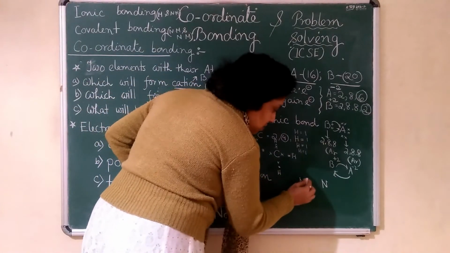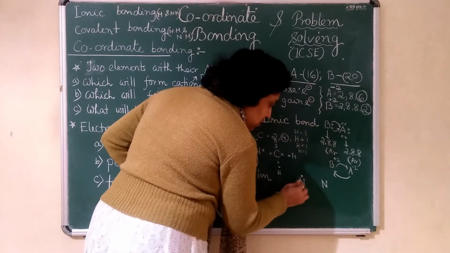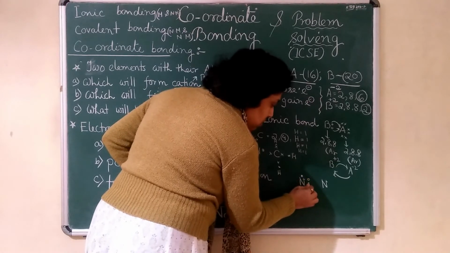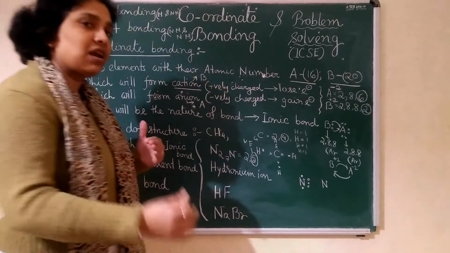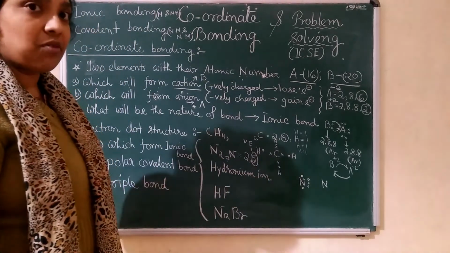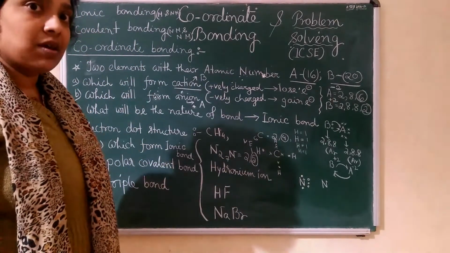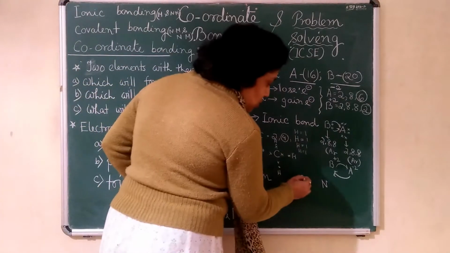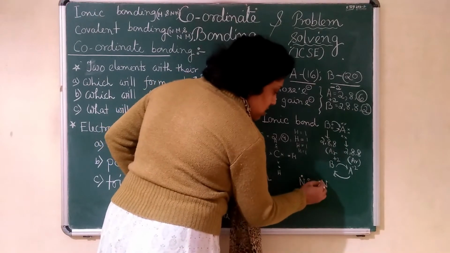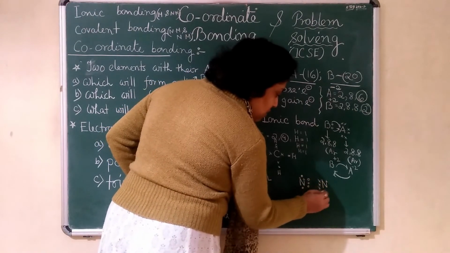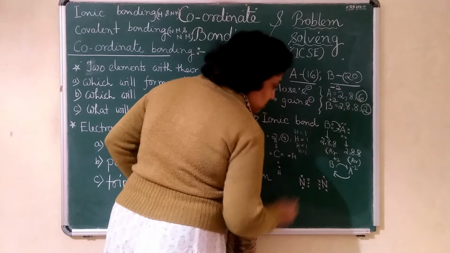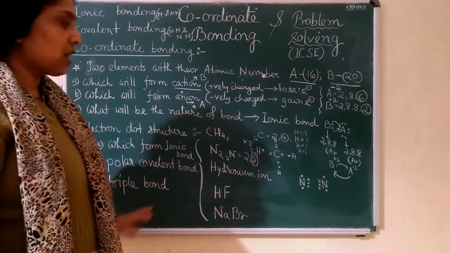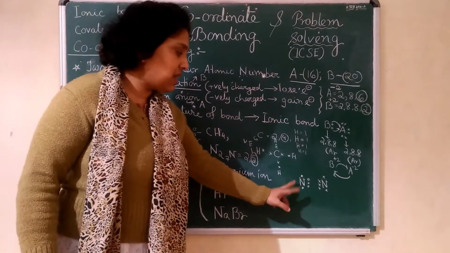So give 1, 2, 3, 4, 5. I have given it in the same way so that you can draw bonding also. For bonding also you can look and understand how bonding can happen. Okay. So this is 5 electrons. Same with this side also 5 electrons. Now only this much you have to draw. You have to just show the valence electrons.